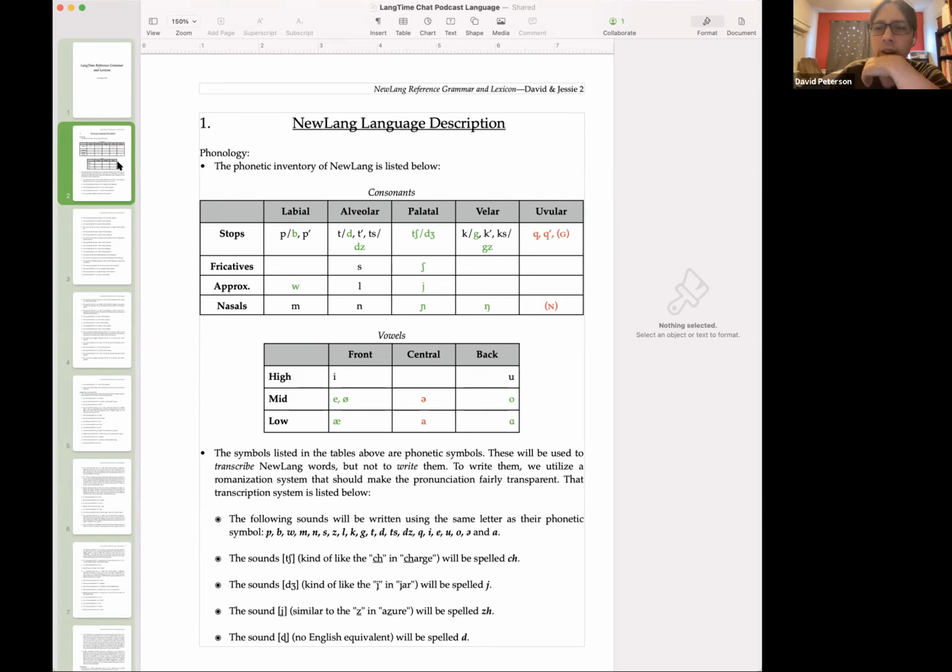I'm trying to think of a really good way to demonstrate how this might work. There are different types of S's, right? There's apical versus non-apical, and then there's the hissy one versus the non-hissy one. And then there's pharyngealized. Most English speakers, I think, have the non-apical S, so soda as opposed to soda.